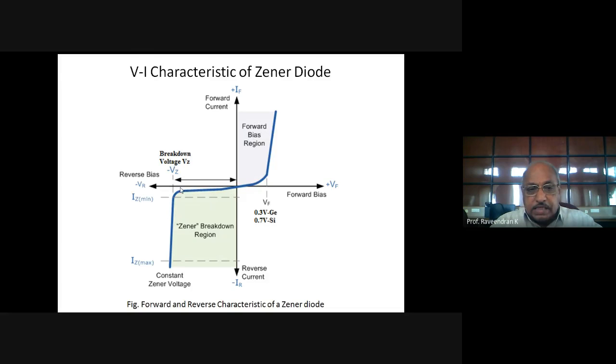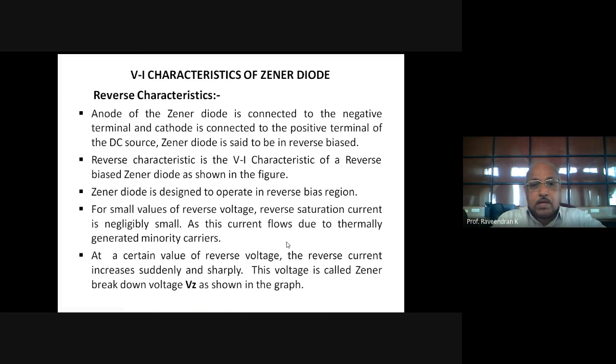But when the voltage is increased beyond a certain value, suddenly the current increases. That is what is mentioned here. For small values of reverse voltage, the reverse saturation current is negligibly small, as this current flows due to the thermally generated minority carriers, because it is a reverse biased junction.